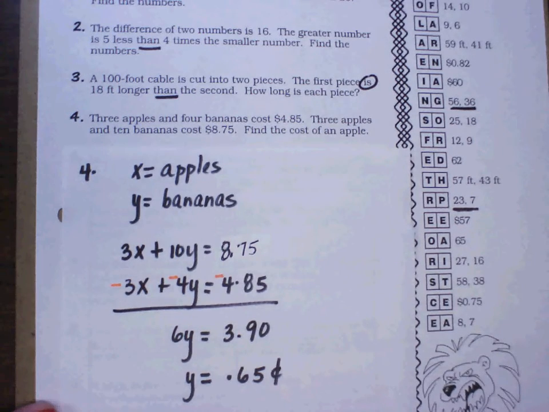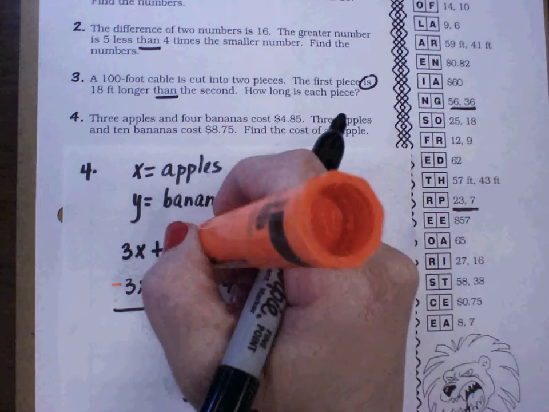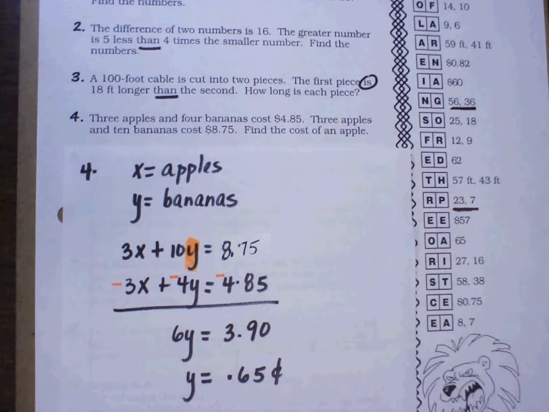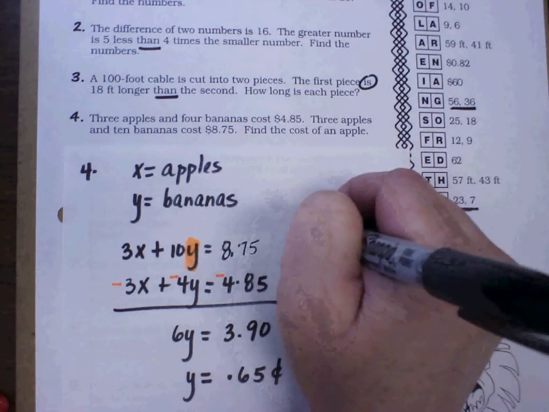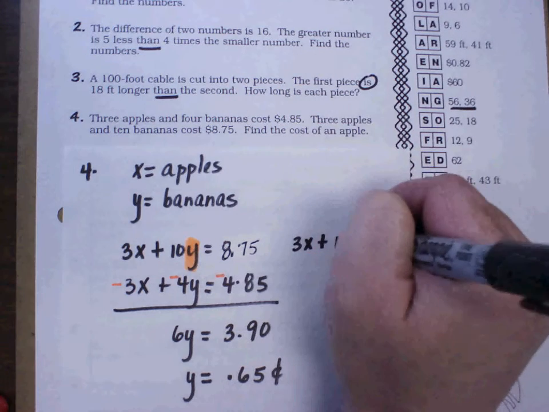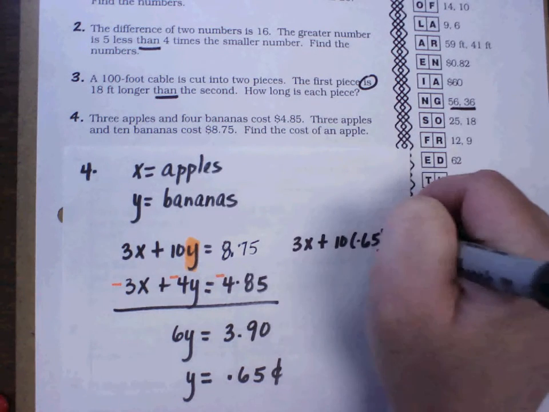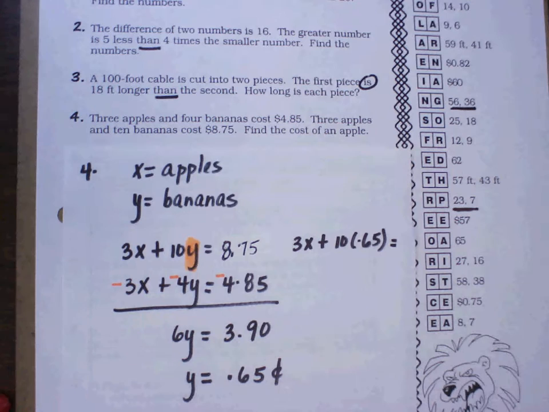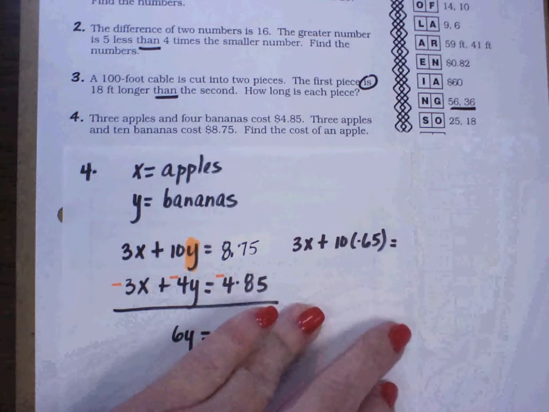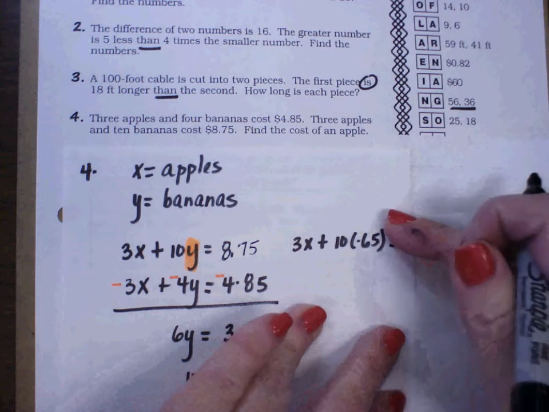Alright. Now go up and plug it in one that you haven't changed, which would be the top one, right? So that's 3x plus 10 times 0.65 equals, and I ran out of space, 875.